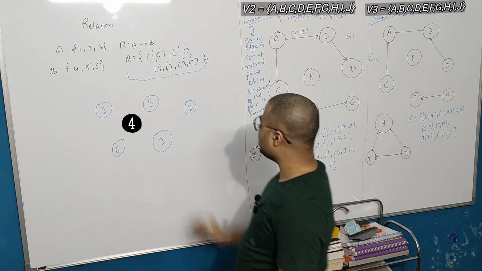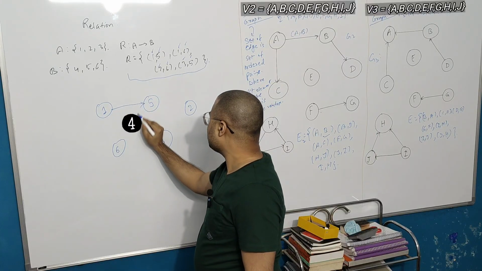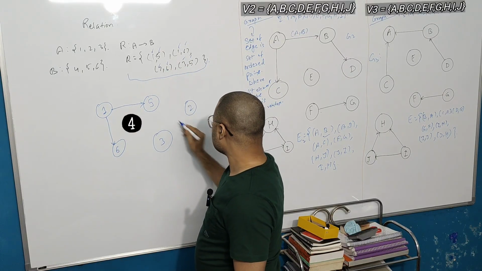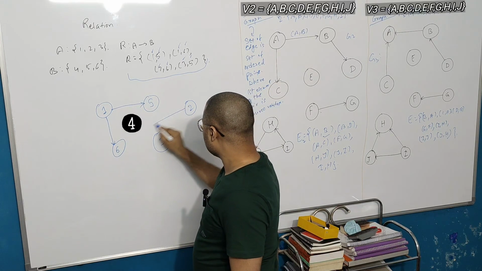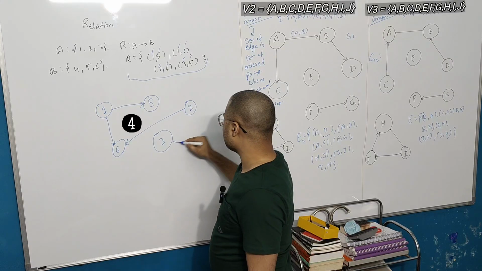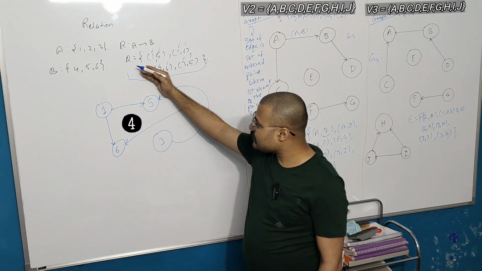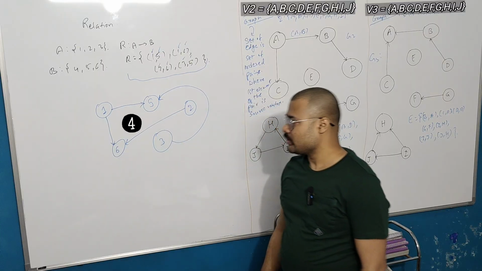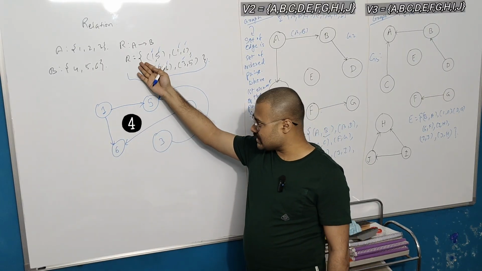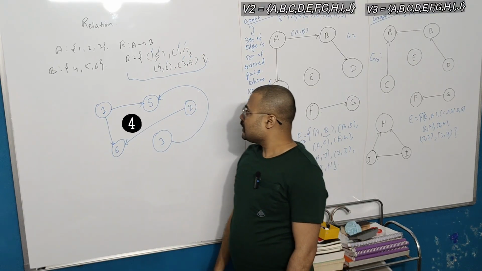These are the vertices, and the edges will be: from 1 to 5 there is an edge, 1 to 6 there is an edge, 2 to 6 there is an edge, then 3 to 5 there is an edge. So this is the graph that is associated with this relation. If this graph is given, then you can get what the relation is. If the relation is given like this, you can get the graph for the relation.